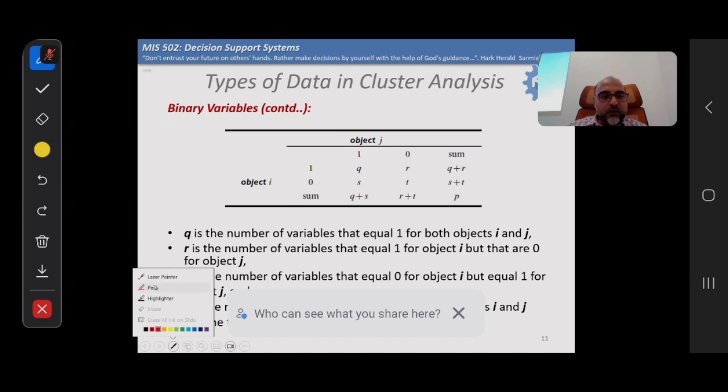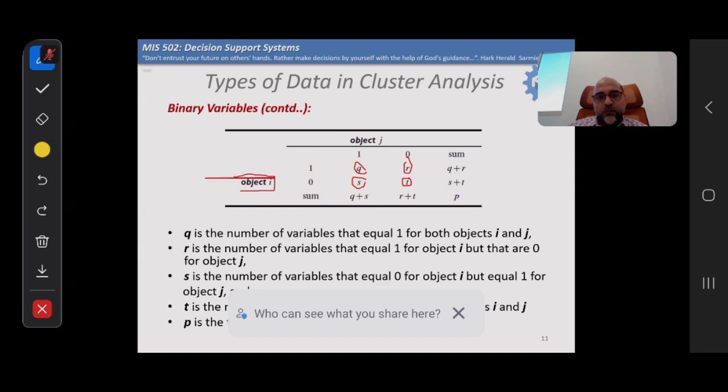So you need to know four things: Q, R, S, and T. Imagine that you are looking at two objects, two people, for example. I'm going to show you examples so you'll be able to understand.